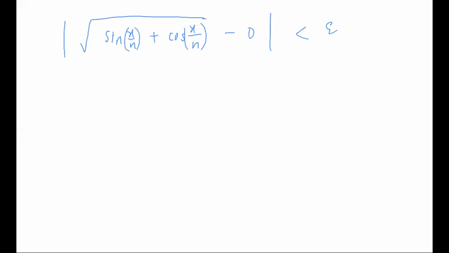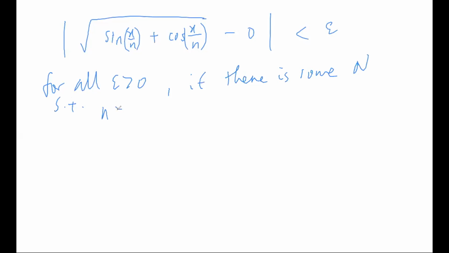So mainly you want to show that this one is going to 0. Take the limit. So we want to show that this is bounded for all n, if there is some n that implies that inequality.